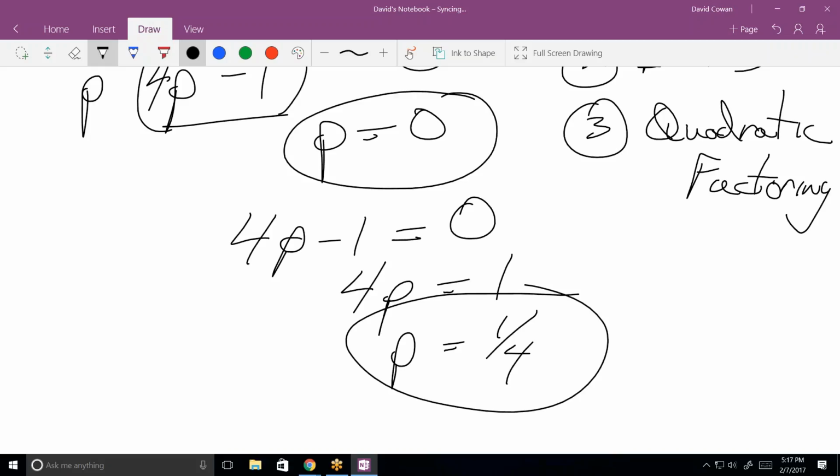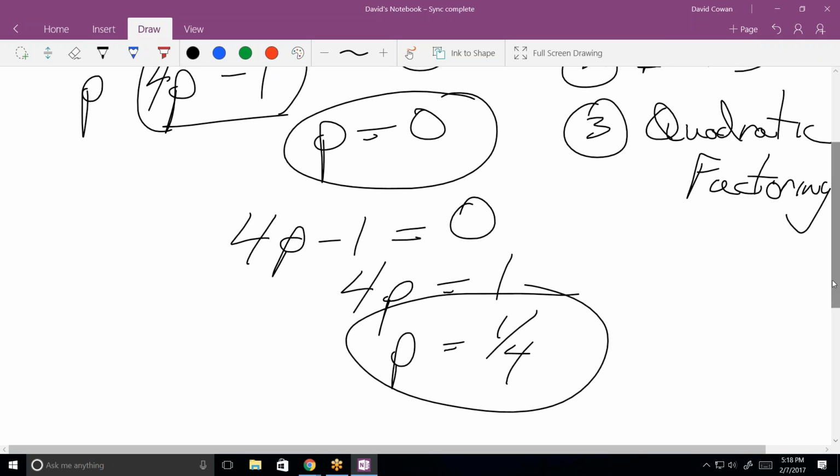Now, with polynomials, if you have a quadratic, you generally expect 2 solutions. And if you have a cubic, you expect 3 solutions. And if you have a quartic, you expect 4 solutions. So there is generally a solution for every power of the greatest.